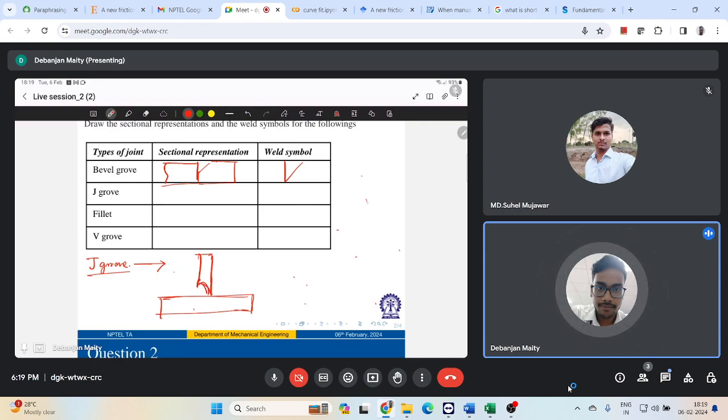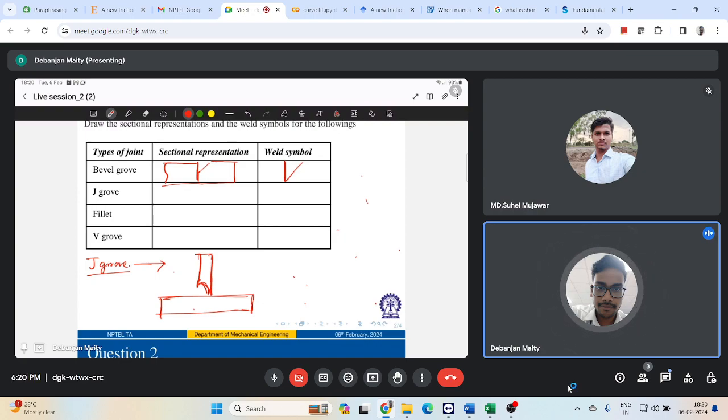And what will be the symbol for J groove joint?